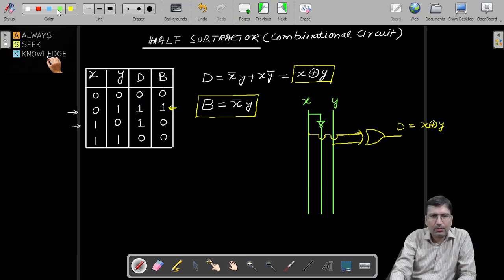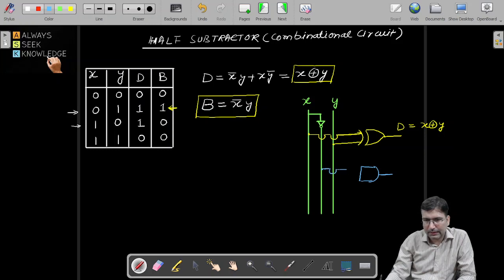Now let's draw for borrow also. Borrow requires an AND gate. It requires x bar and y. So x bar we can take from this, and y we can connect from here. So this will give us borrow, and borrow is x bar y.